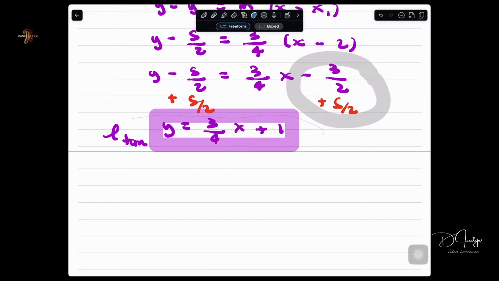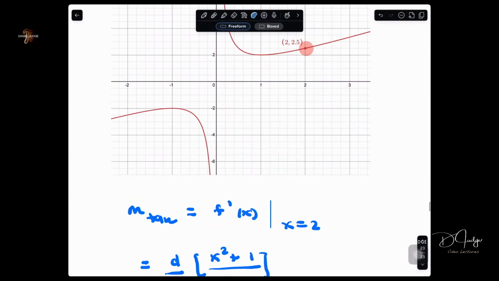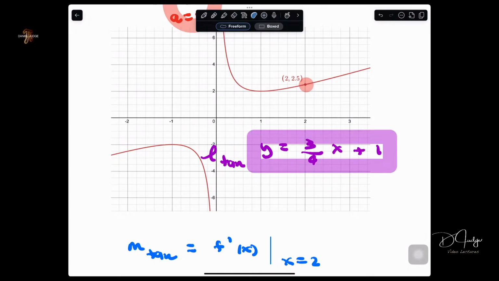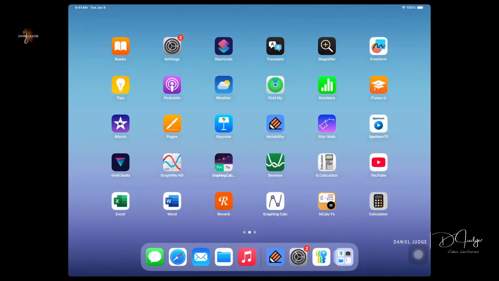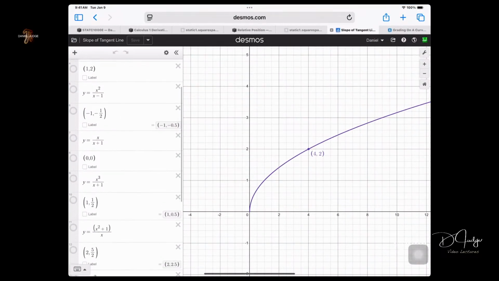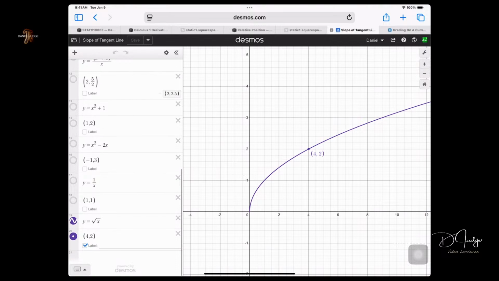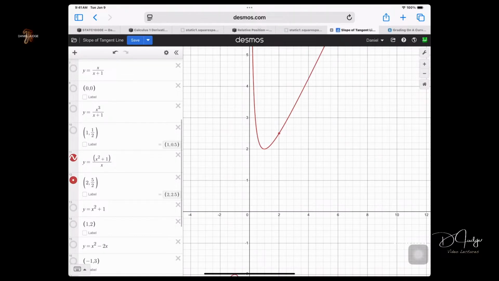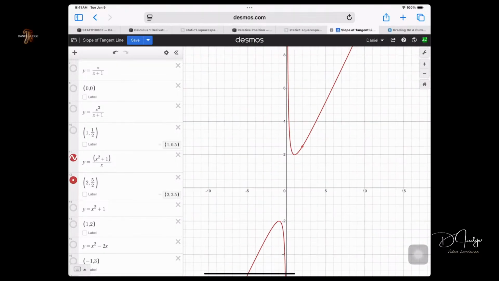Let me see if I can bring that up over here, or at least copy it. And so I didn't draw the tangent line here. You know, it doesn't kind of look like that. I'm going to go to Desmos, 3/4 x plus 1, and share with you guys here essentially what's going on with the curve. Okay, this is the picture.